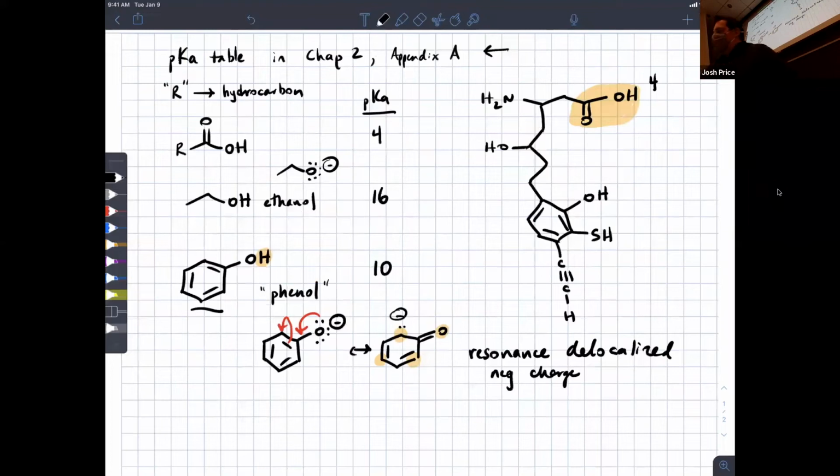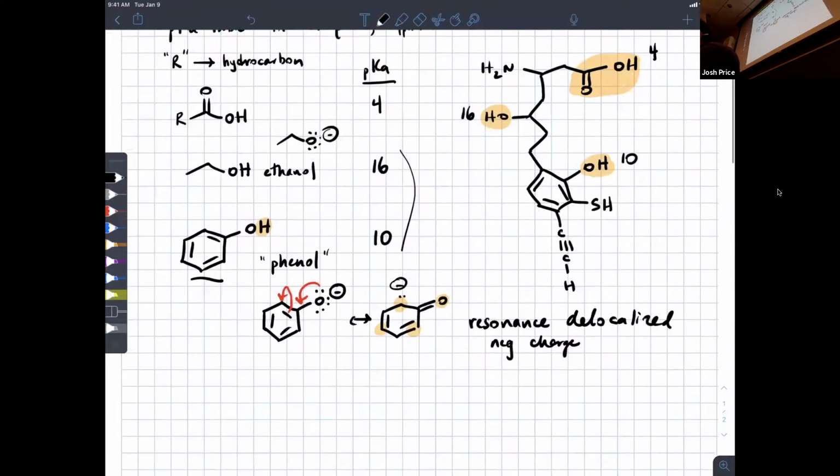As a result, even if I didn't have these numbers before me, I would be hesitant to say that this OH group and that OH group were the same thing, because there's a big enough difference in their conjugate bases that I wouldn't expect those to have the same pKa. Now, if you need a pKa value, I'll give you one. And in this case, I did. So it's about 16 here versus 10 here.